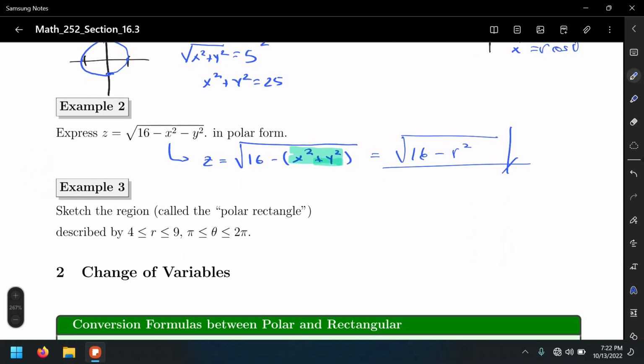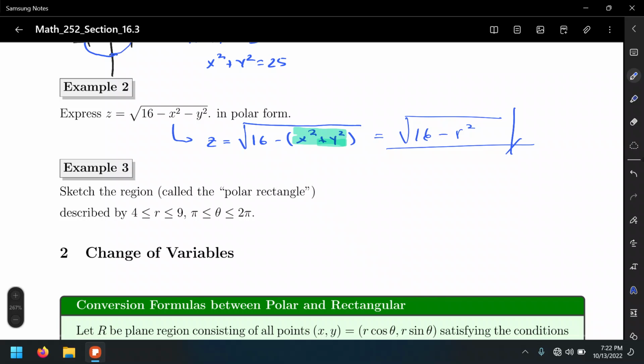And we're going to be describing this by that polar rectangle, which is not going to have the shape of a rectangle. Well, you'll see why. It's described for r between 4 and 9, and the angle will vary between pi and 2 pi. So number one, what's this r between 4 and 9?